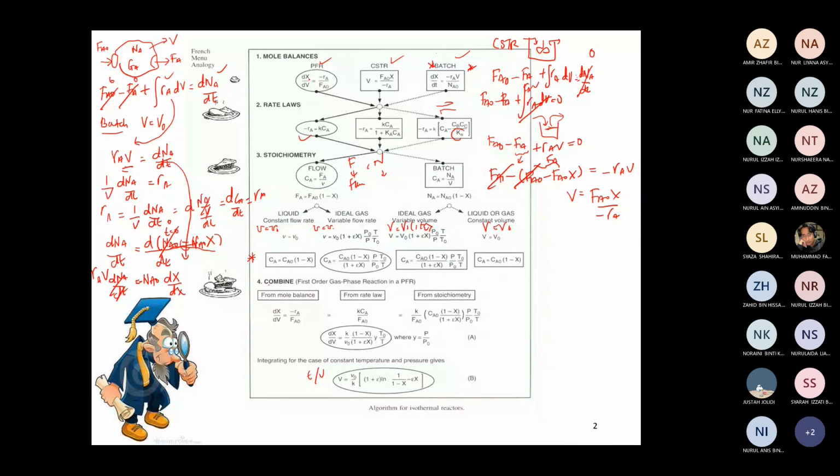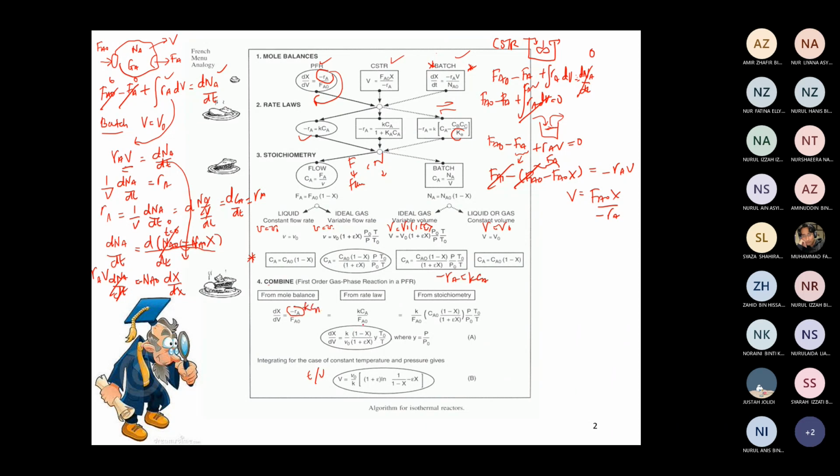Okay, so dX over dV equals negative RA over FA naught. This negative RA will change according to the rate law. Say this is first order, so negative RA is equal to kCA. Just replace it with kCA over FA naught.